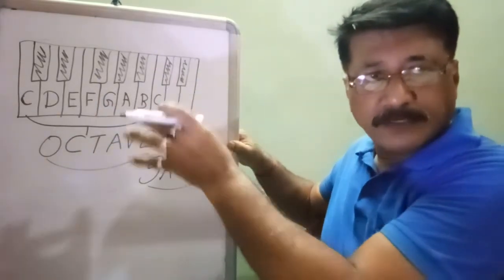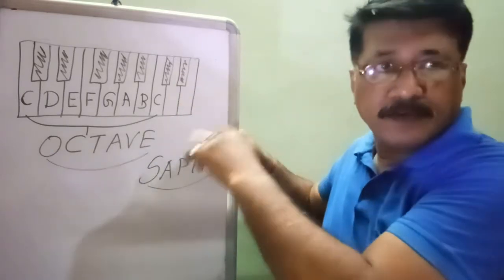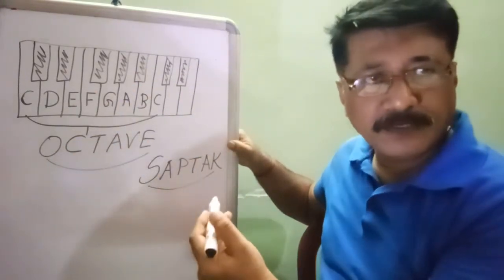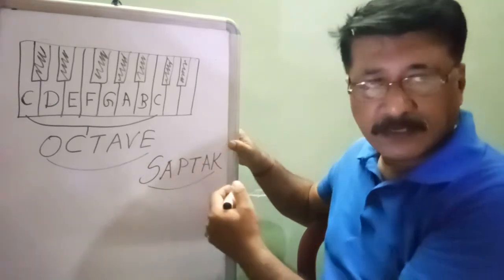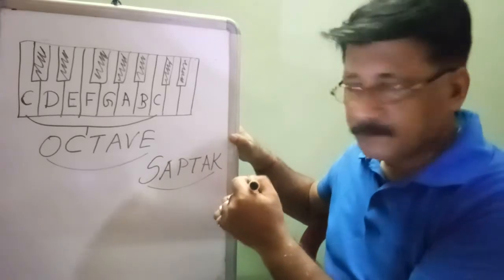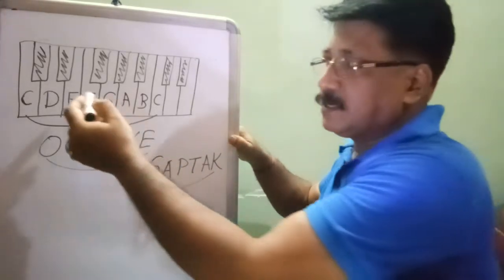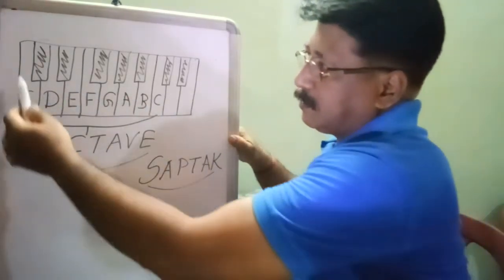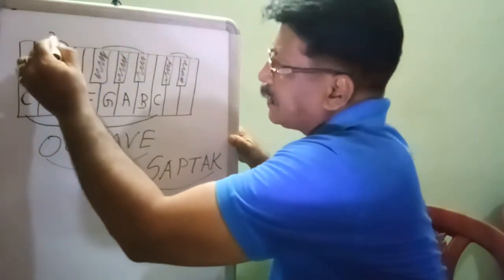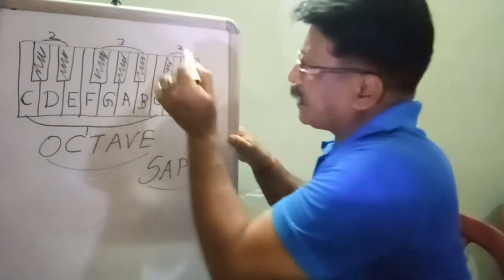The original concept is the same, but the medium of expression is different. In Western we use the term octave. In Hindustani classical music, this is called saptak. Now you observe the keyboard. The black keys are in this arrangement: 2 black keys, 3 black keys, 2 black keys, 3 black keys.